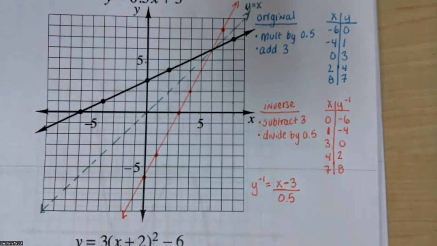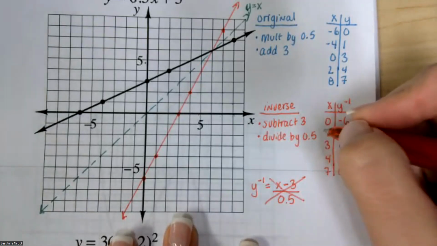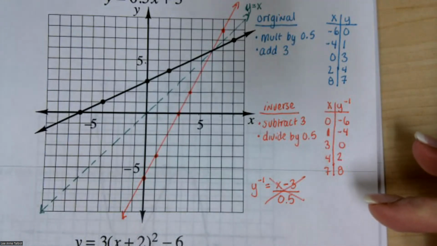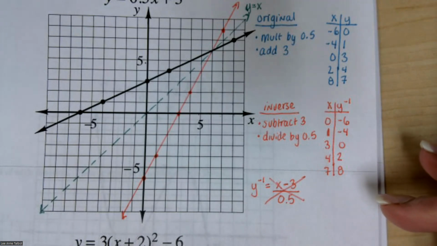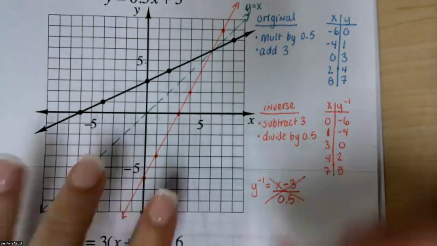What I want to do instead is say, okay, let's be smart about this. Instead of dividing by a half, what else can I say that is better than division by a decimal? Division by a decimal is like 2 negatives. What can I say instead of that that's the same thing? Connor? Yes, multiply it by 2.